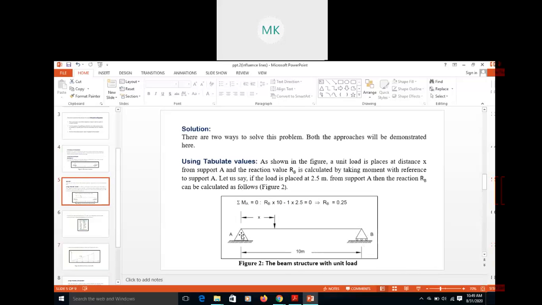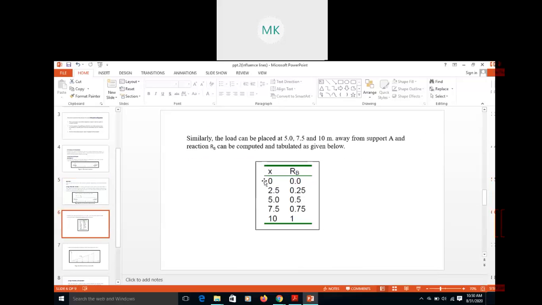If we go from A to B, from 0 to 10, just calculate the reaction by considering 0, 2.5, 5, 7.5, 10. It's not mandatory; you can also calculate at 2, 4, 6, 8, 10. It's up to you. You can also calculate at every one-meter interval.